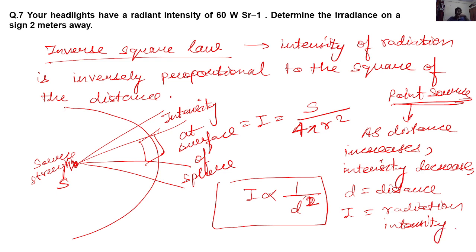Okay, so let's use the funda here to come to it. But there is a caveat to this case also. We need to ensure that the size, the dimensions of the source are much smaller than the distance we are propagating it to. So that caveat comes in. I will write it down in the next slide.